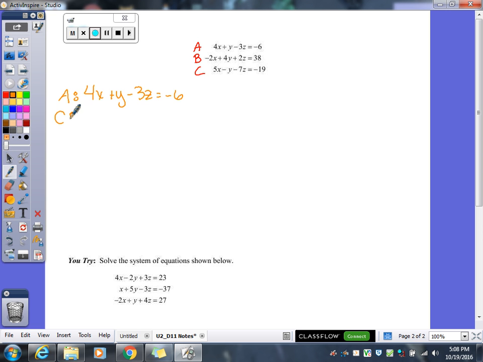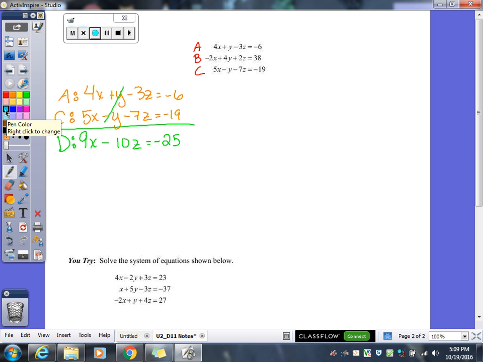And I'm going to use my equation C, 5x minus y minus 7z equals negative 19. So add those together. I get 9x, my y's cancel, minus 10z equals a negative 25. And I'm going to call that equation D now.